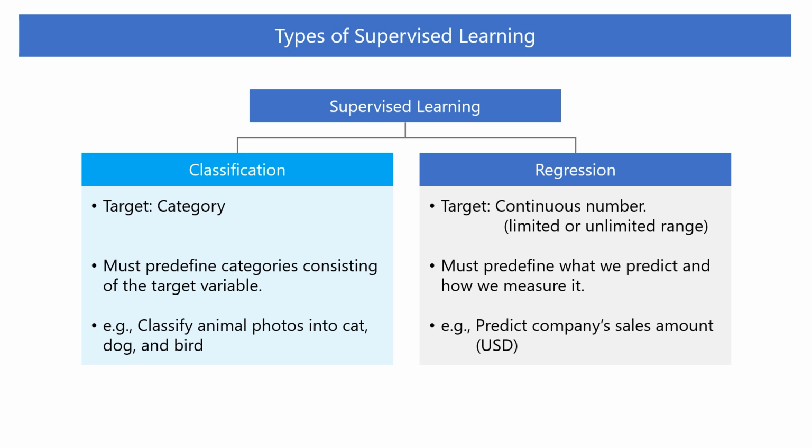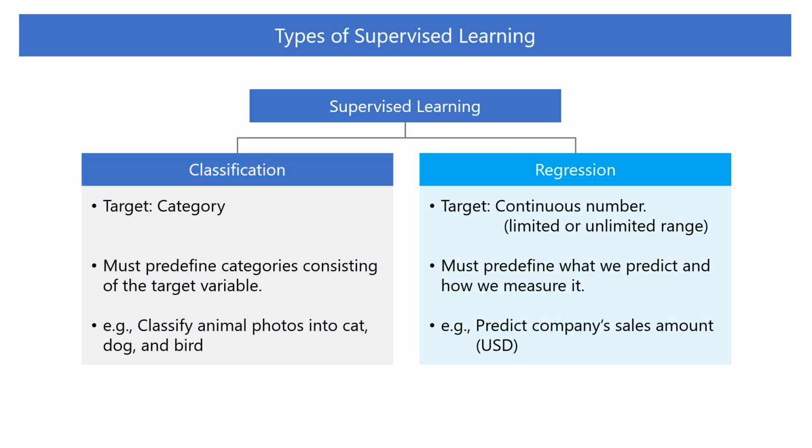In the case of classification, it is necessary to know in advance what categories consist of the target variable. For example, to build a supervised learning model to classify animal pictures, the animal categories such as cat, dog, bird, and so on must be predefined. Unknown animal categories cannot be generated by supervised learning.